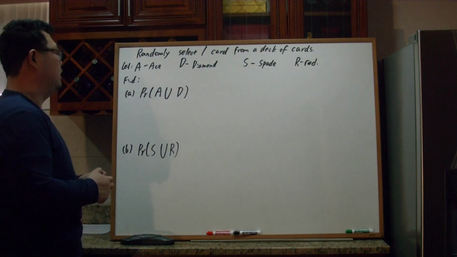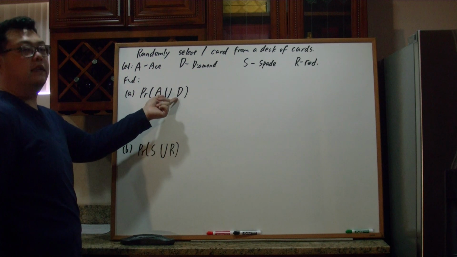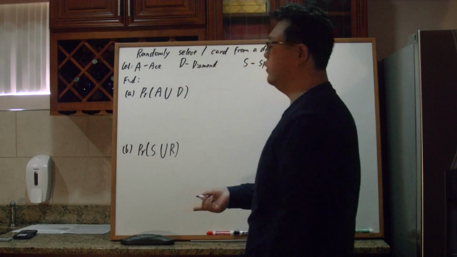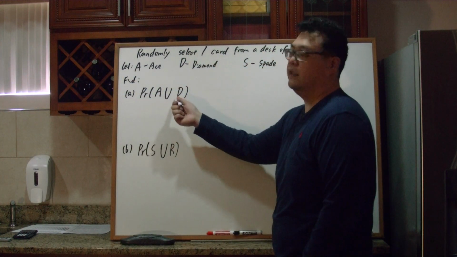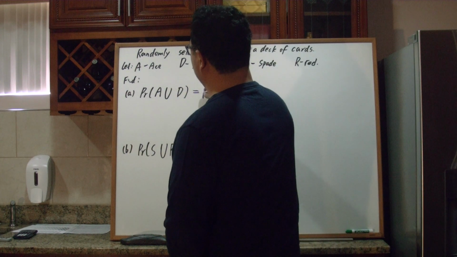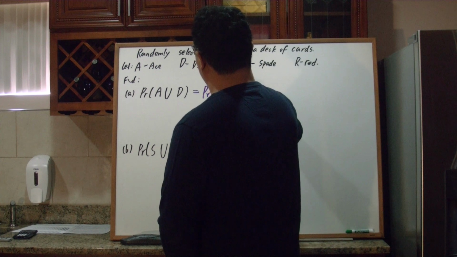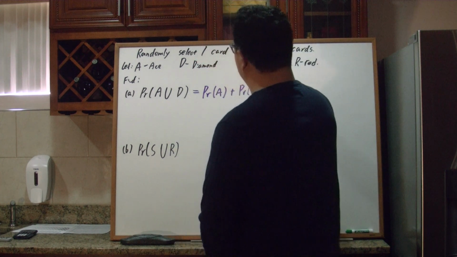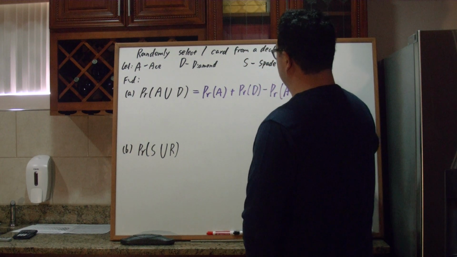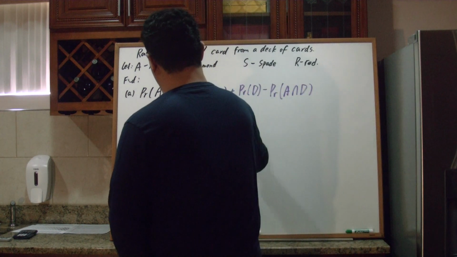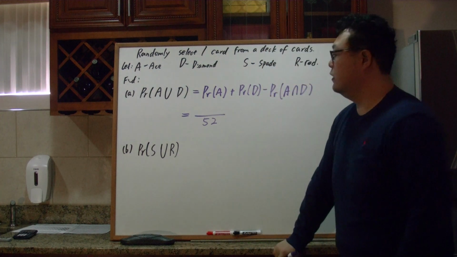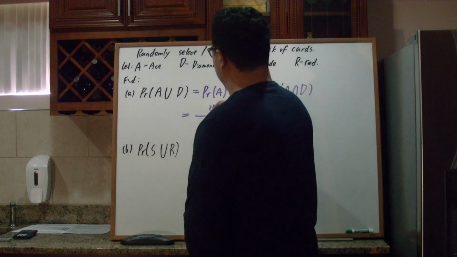Right, for those, before we find the union, we could observe it, right? Would there exist an ace of diamonds, or a diamond ace? So we use the formula: probability of getting an ace plus probability the card is a diamond, minus the probability it is an ace and it's a diamond. Right, we have the sample space. From that, there are 4 aces.